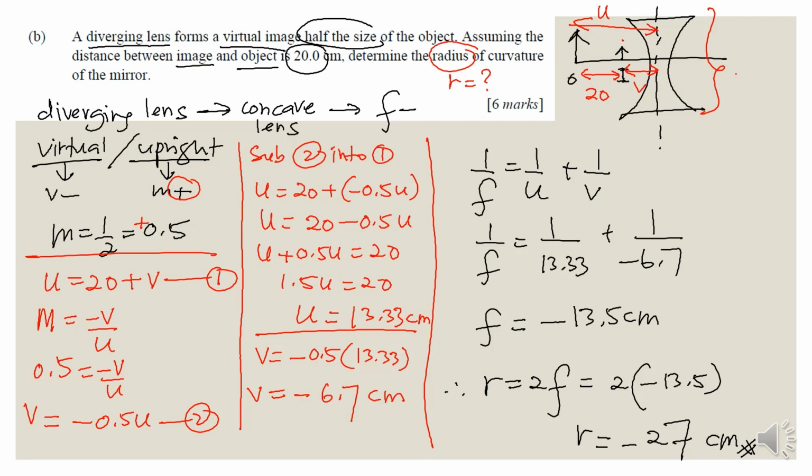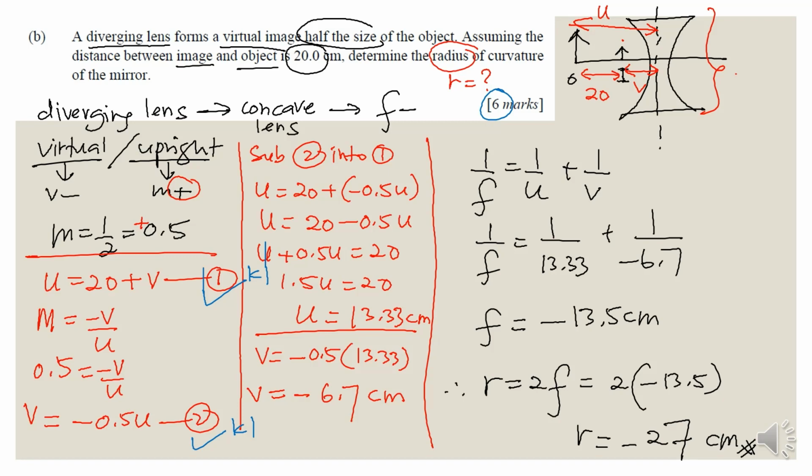Okay, so markah untuk soalan ni adalah 6 marks. Okay, so markahnya adalah pada konsep 1 untuk equation 1, konsep yang kedua untuk equation yang kedua.